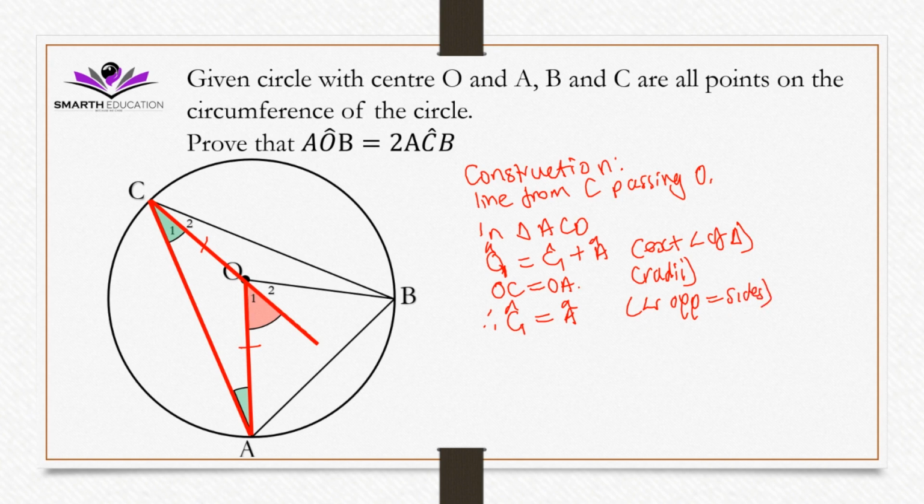So where there's A, we can put C1 here because they are equal. Therefore angle O1 is equal to angle C1 plus angle C1. I have replaced A with angle C1 there. So angle O1 is equal to 2 times angle C1. And then you write that there. We've done the first triangle.